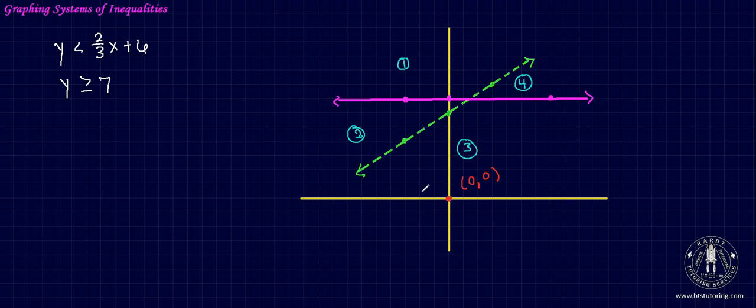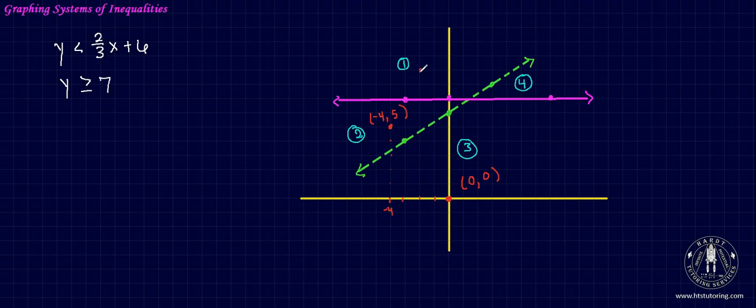Let's go to region 2. I'm going to pick this test point in region 2. Let's figure out what that is: negative 4, comma 5. Now let's go to region 1.